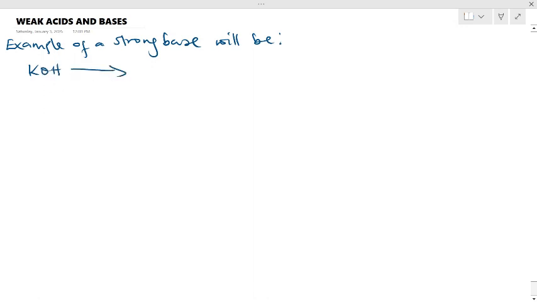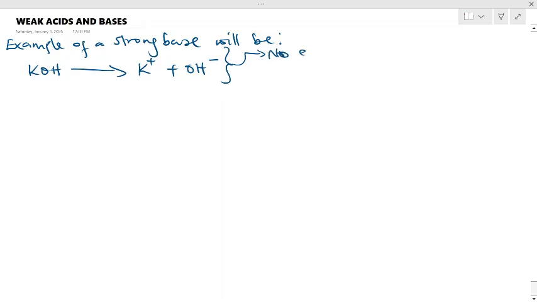When this dissociates, it produces potassium ion plus hydroxide ion. So it's a base because it produces hydroxide ion directly. Note here that there is no equilibrium. It is complete dissociation. There is no KOH left. It is just the K plus and the OH minus floating around in solution, just like we saw with the strong acid. So you can simply indicate here that no equilibrium is found here.